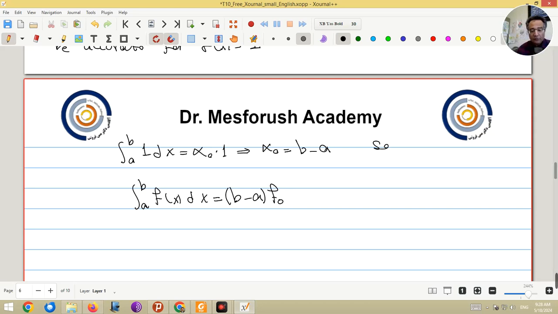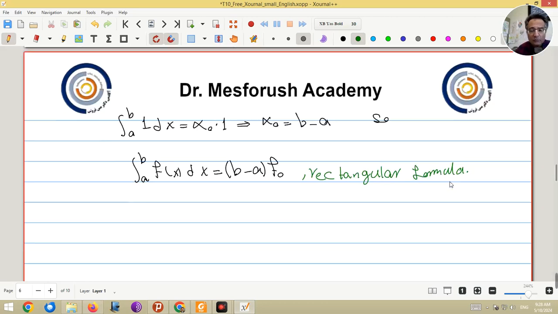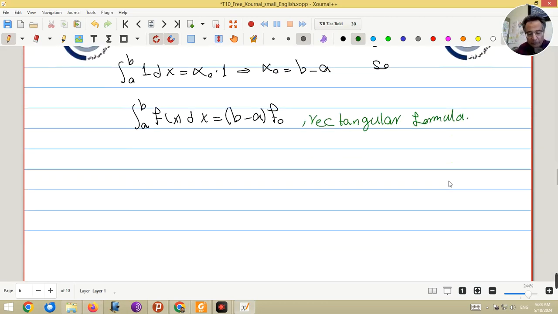Okay, this formula is called the rectangular integration formula. Rectangular formula. Why do we call this formula the rectangular formula?